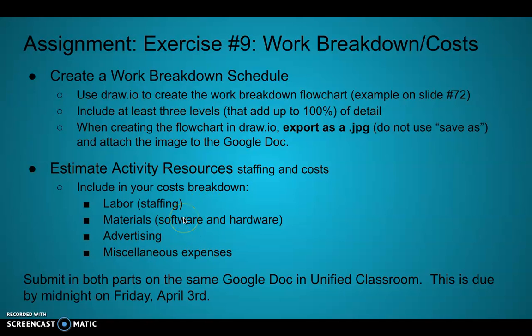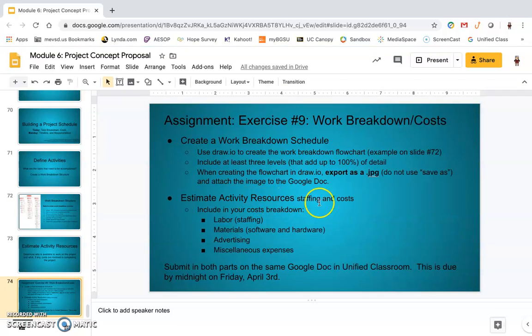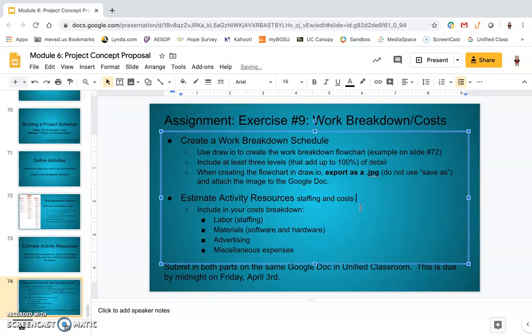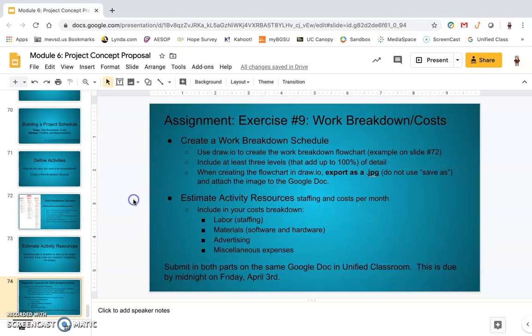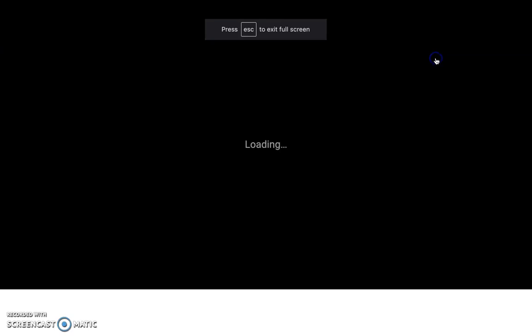So just give me a cost breakdown. We'll make this per month, like what it's going to cost per month. So I want a 1 month budget of what that's going to cost you.